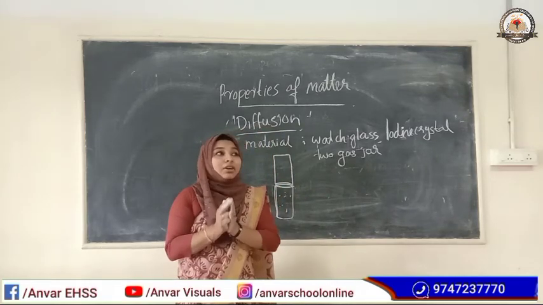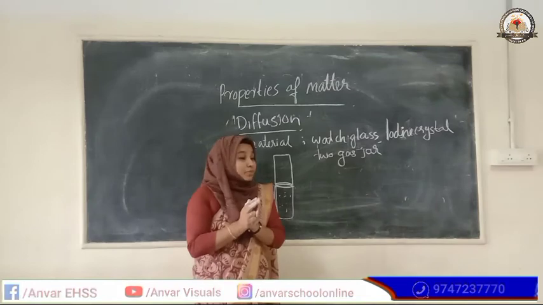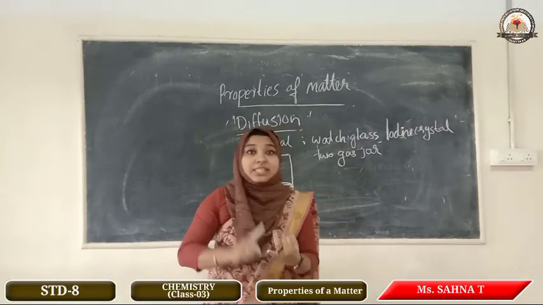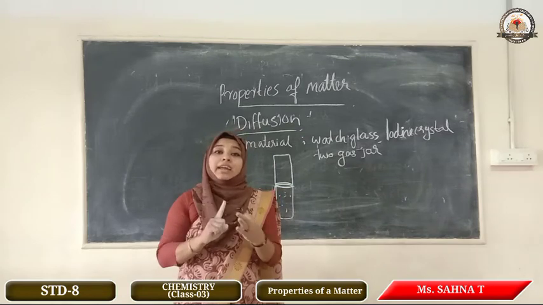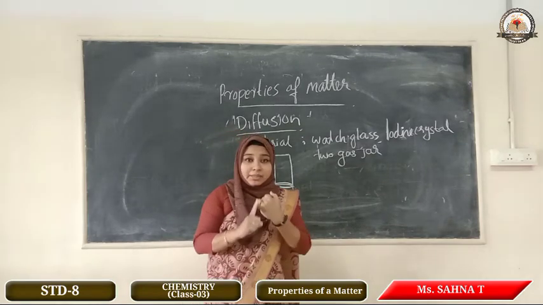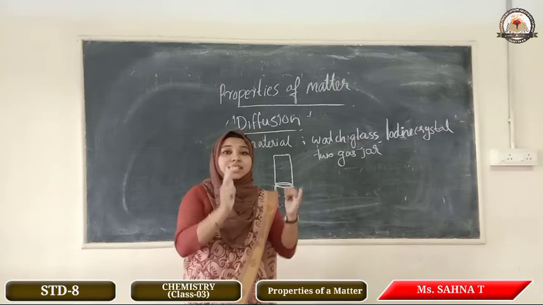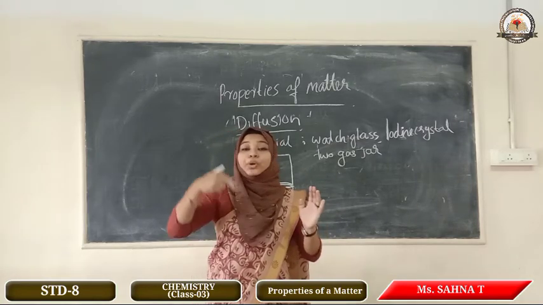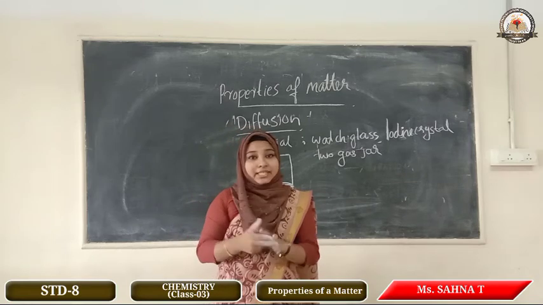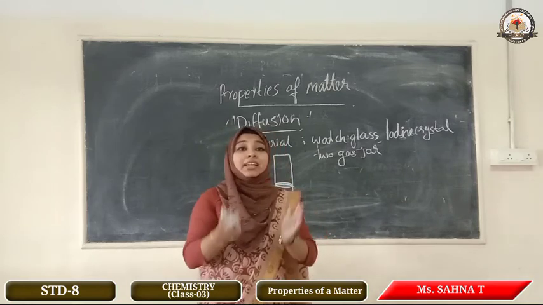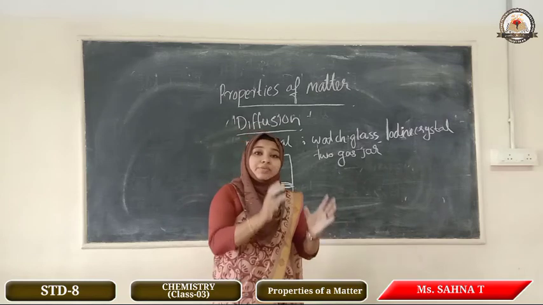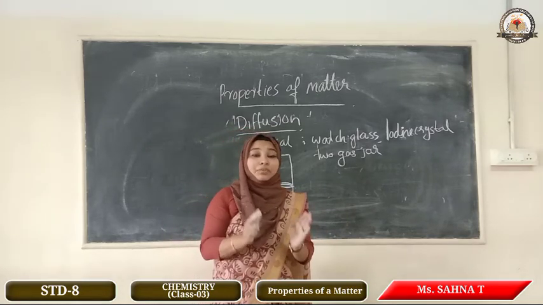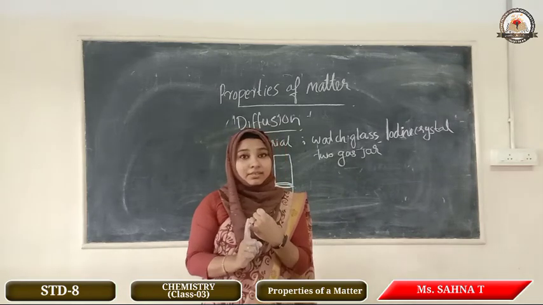Okay, understand? So today we discussed what change of a state is, what sublimation is, and diffusion. Change of a state means that a substance changes into another state when it is heated. Example: ice.